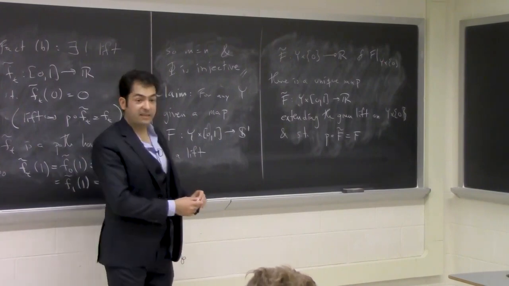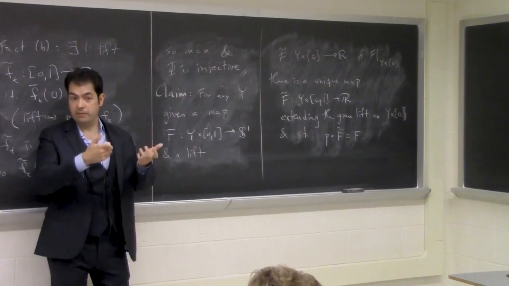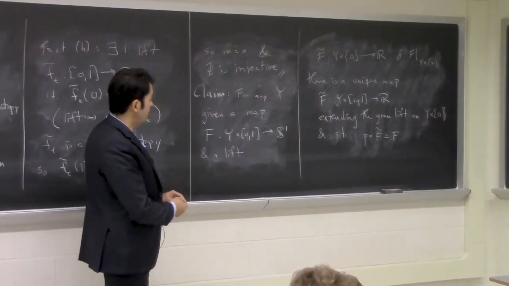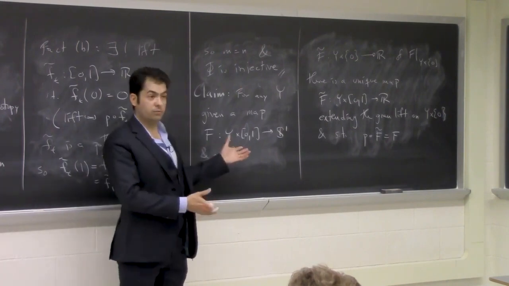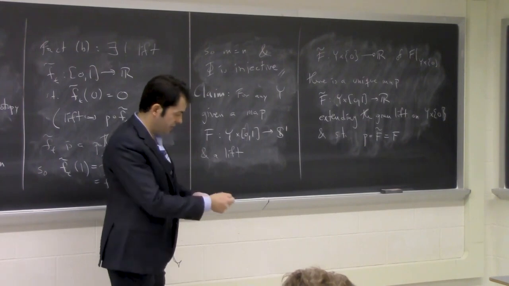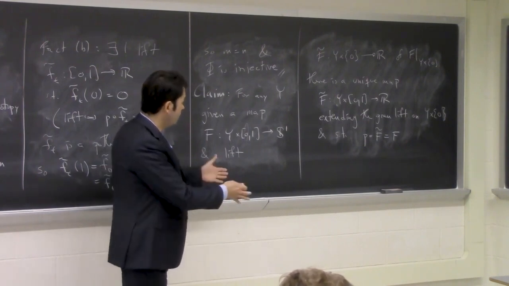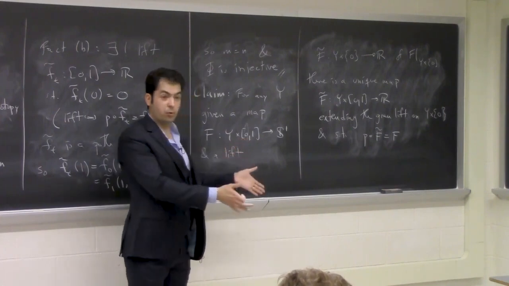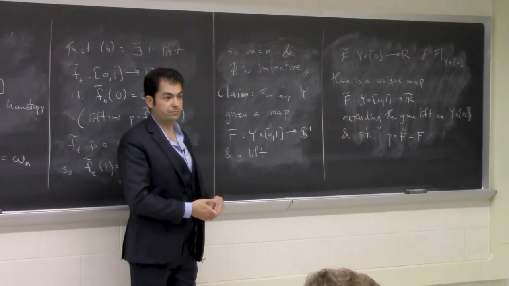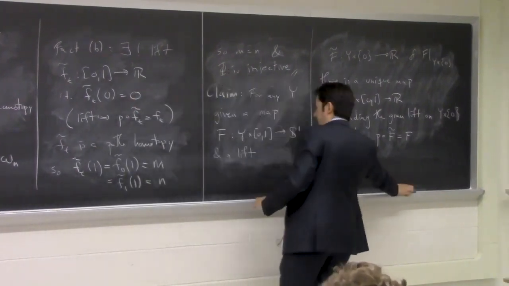This will imply fact A by taking y to be a point, so that you're just lifting a path. And it'll imply fact B by taking y to be the interval, so that you're lifting a homotopy. Just notice that you're lifting the constant loops at the endpoints to see that you get a path homotopy upstairs. Okay, so this claim is strong enough to give us both facts.